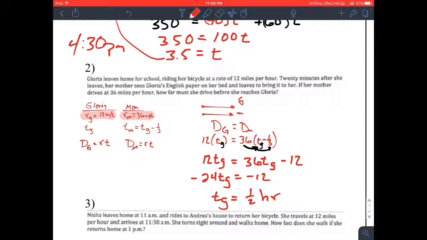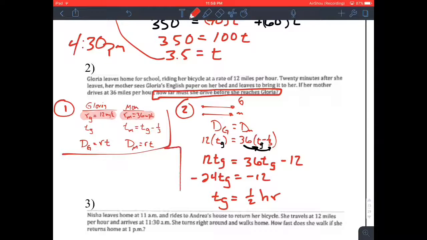Does that answer the question? No. How far must she drive before she reaches Gloria? Well, we know that Gloria's distance and her mother's distance have to be the same because they're meeting up with each other. Let me label the order in which I did these things. Anytime you do things in an unlogical way on your paper, you want to label the order in which you did it.